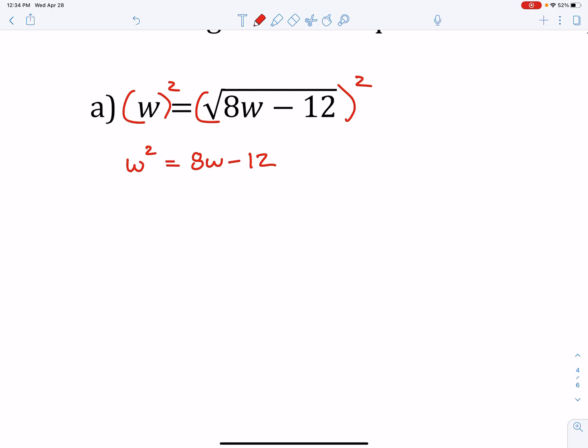Let's go ahead and move everything over to the left-hand side, which will leave me with w squared minus 8w plus 12 equals 0. And folks, we are back again at factoring. Lucky all of you. So let's put in factor here.